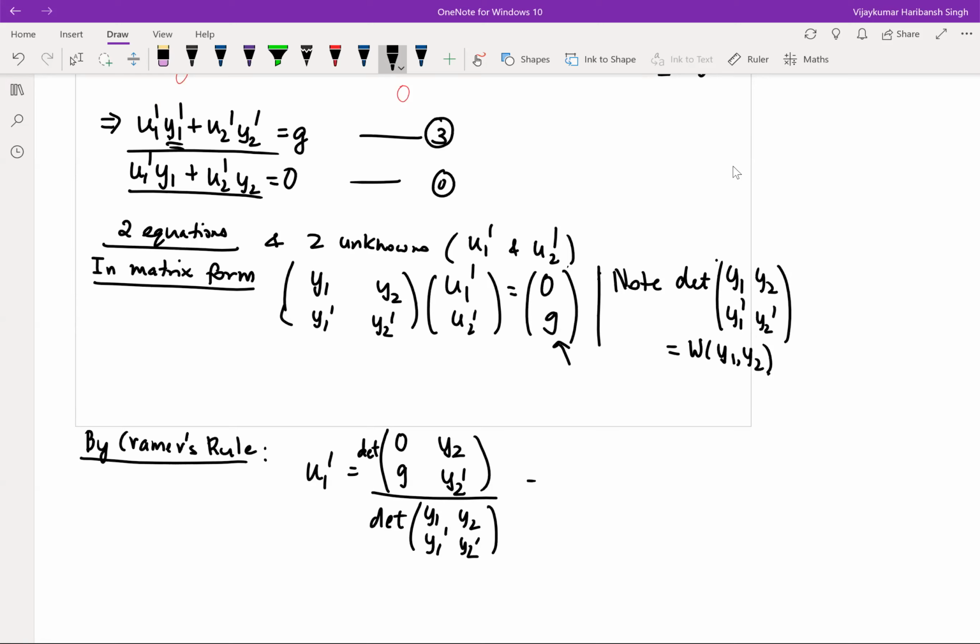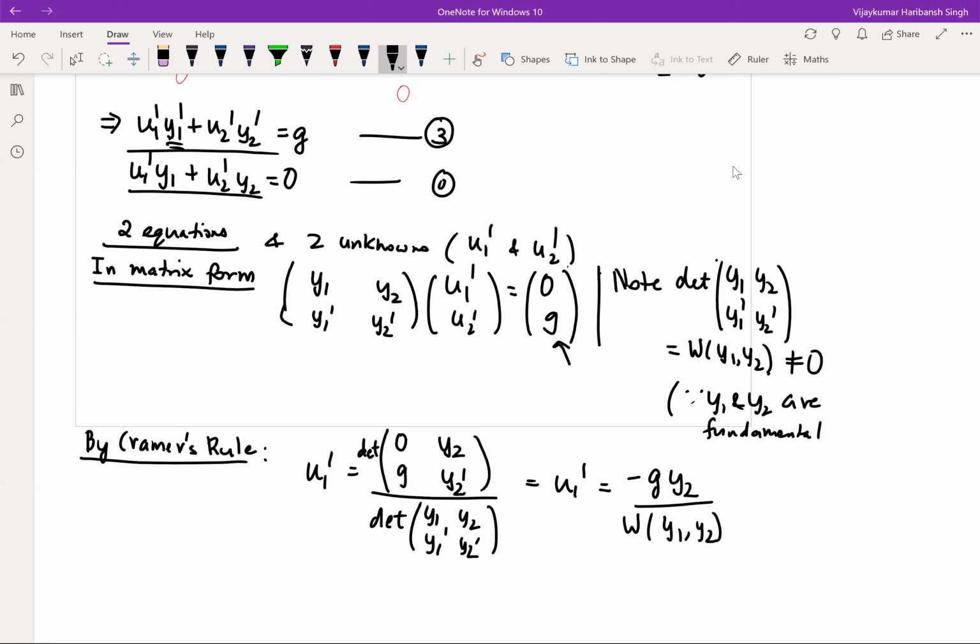So what do we get here? We get u1 prime equals, what is the determinant of this? Minus g y2, and here this is going to be the Wronskian of y1 and y2. And this is non-zero. Why? Since y1 and y2 are fundamental.